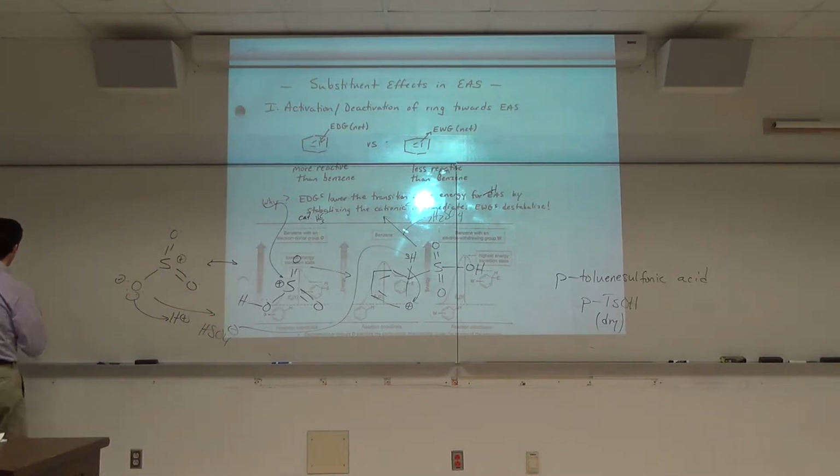But if you react, for example, toluene, and you try to put a bromine on, if it goes here, that's different than here. Because here it will be ortho to the methyl, and here it would be para, or there would be meta. So you've got 3 different positions it can go.